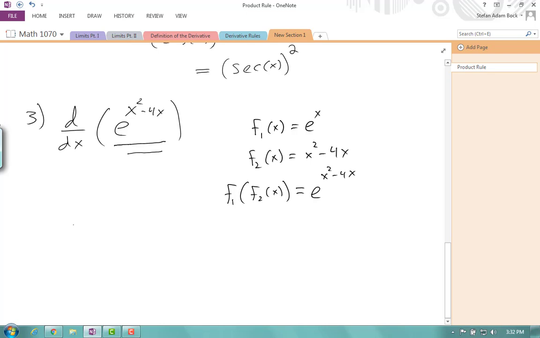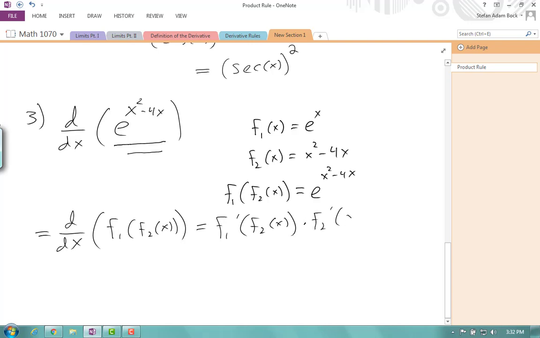So what I should be looking for in this derivative is the derivative of f1 of f2 of x, which according to my rule is f1 prime of f2 of x multiplied by f2 prime of x.